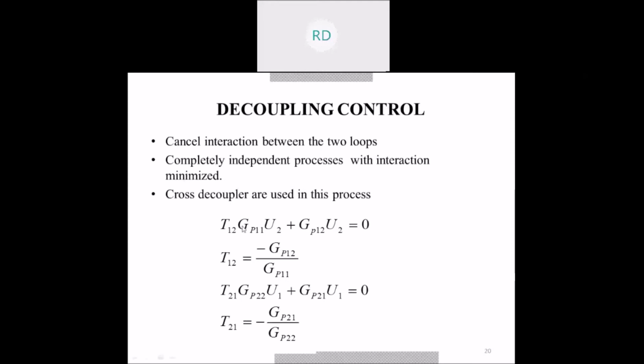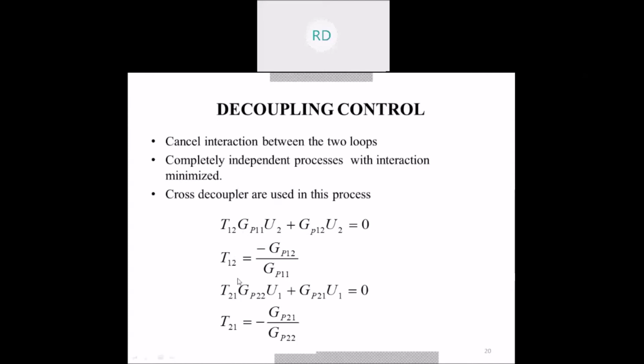I'm using the cross decoupler in this process. This is the generalized equation for finding the decoupler. T12 GP11 U2, where GP11 is the process, plus GP12 U2 equals 0.